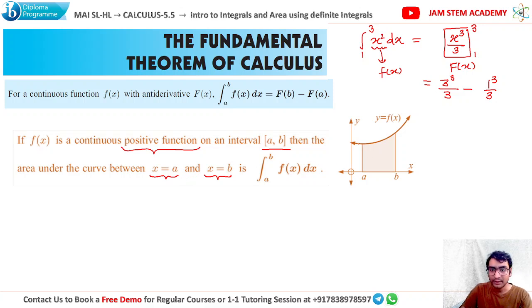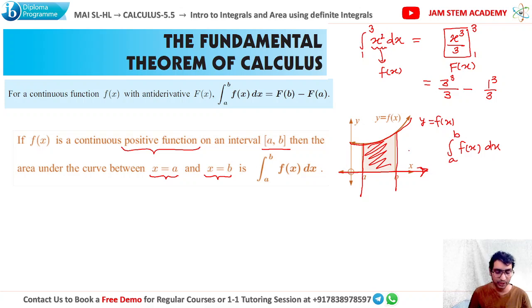It means this is the curve y equal to f of x, then the area between x equal to a and x equal to b made with the x-axis is given by integrating that function f of x. You have to find the value of y in terms of x, dx, with limits a to b. And once you calculate it, you can also use your GDC for doing that. You can go to menu, then in the calculus you can find the numerical integral. Here you can enter the lower limit, upper limit and your function to integrate the function.